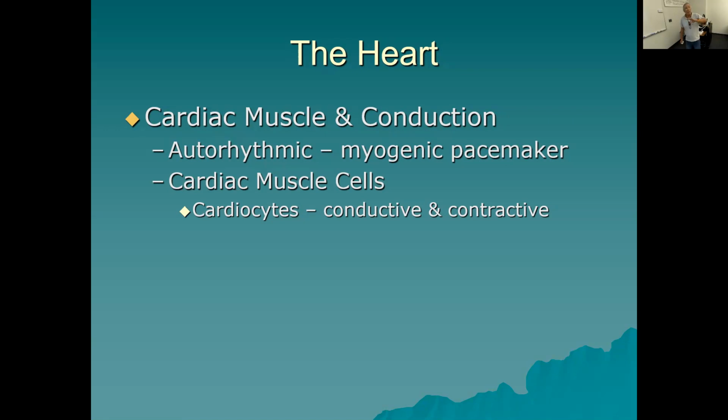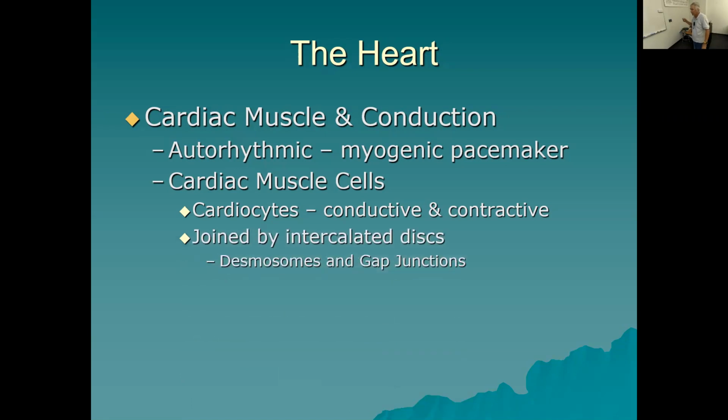And we're going to learn later on, when we get into more detail about the electrical aspects of these cells, that the action potential in the conductive cardiocytes is quite different than the action potential in the contractile cardiocytes, in shape, how long it lasts, and what ion channels they use.